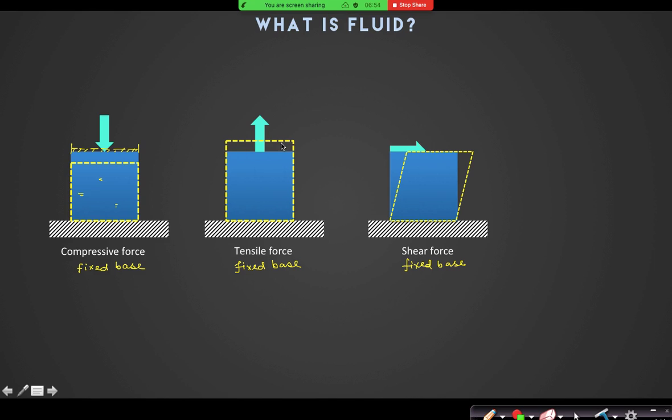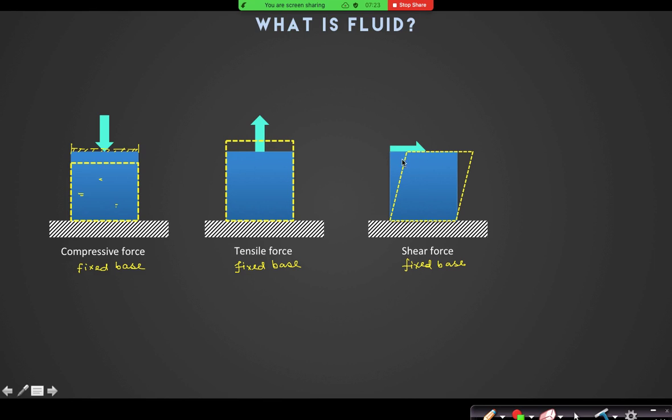But if you apply a tensile force, can that fluid particle exert any force? No. If it is a liquid and you exert an upward force on the piston, fluid will never oppose you for a tensile force. So fluid will not exert any reaction on the tensile force. Definitely for a compressive force it will.